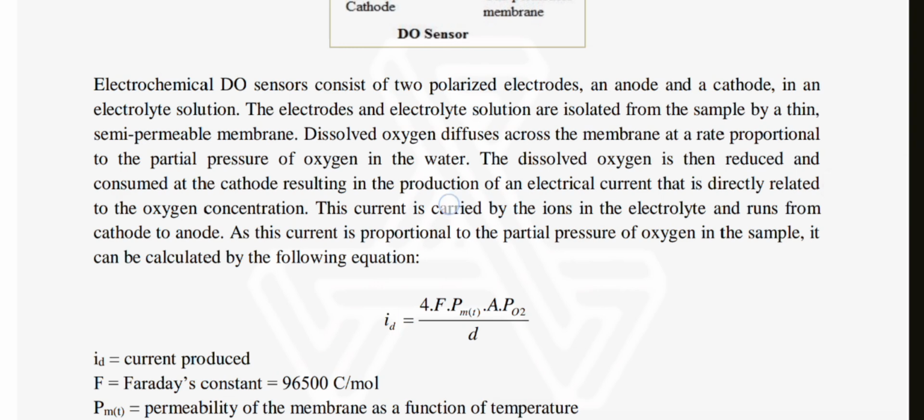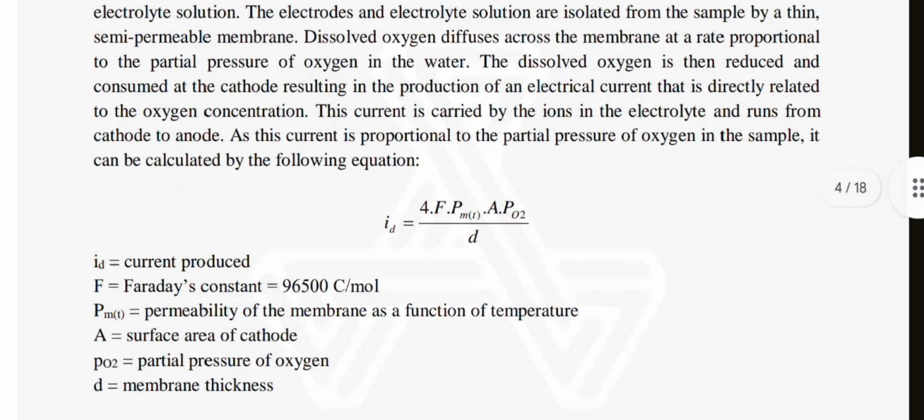As this current is proportional to the partial pressure of oxygen in the sample, it can be calculated by the following equation. ID, the current produced, is equal to 4F, where F is Faraday's constant, 96500 coulomb per mole, times PM. What does that mean?